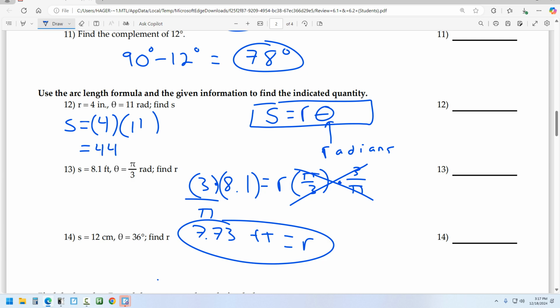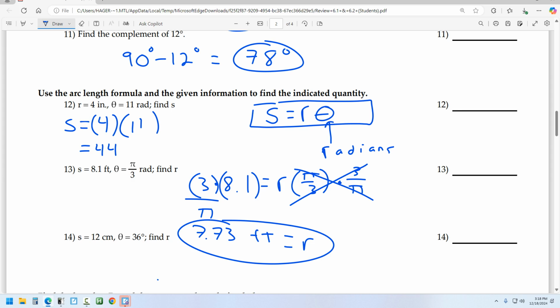And what would be the unit on that? What was the length unit in this problem? Yeah, nothing about feet in this one, because we're doing number 12.